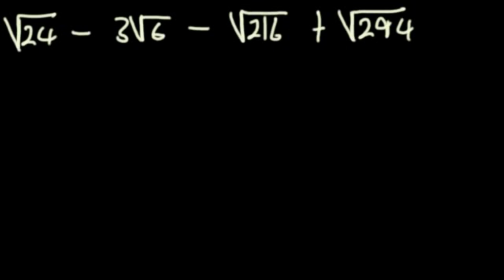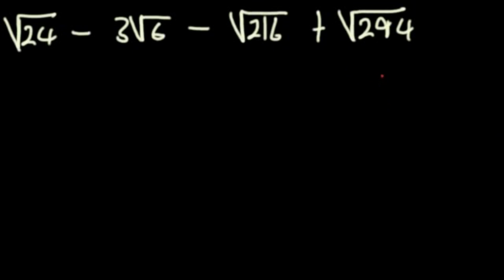Okay, so let's move into this. It turns out that 6 times 4 will give us 24, and 36 times 6 will give us 216, while 49 times 6 will give us 294. Let me write it out so that you guys will be able to figure it out.